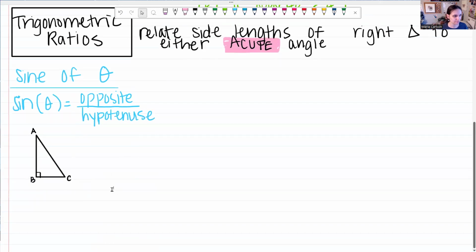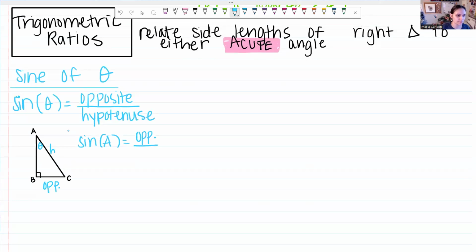If I am letting A be theta, the sine of A is equal to the opposite side, which is BC, over the hypotenuse, which is AC. So I would say that the sine of A is really like the opposite BC over AC, whatever those values may be.